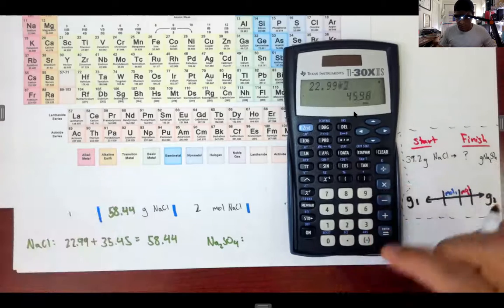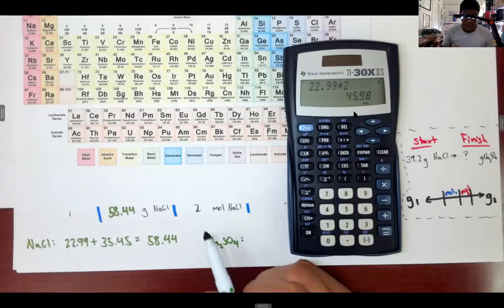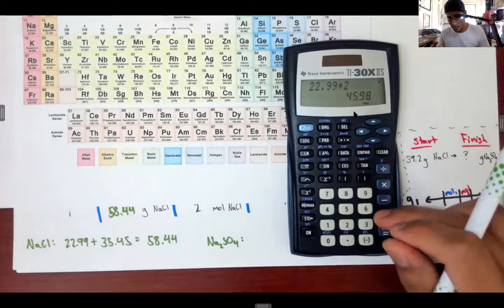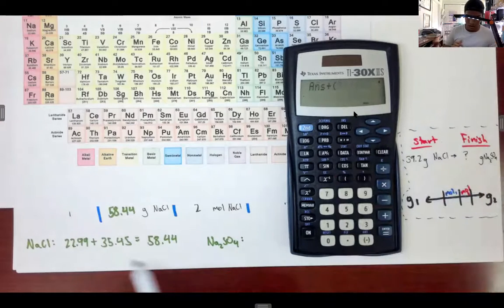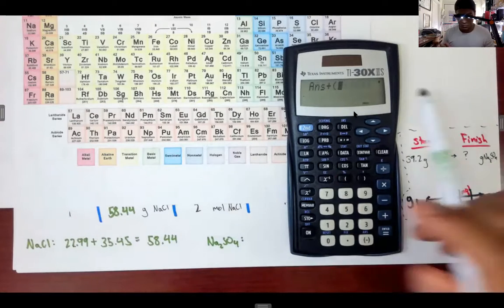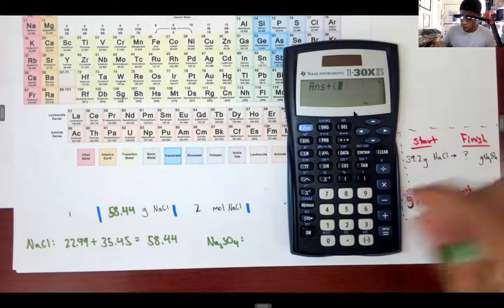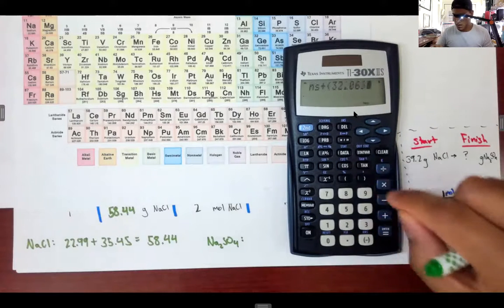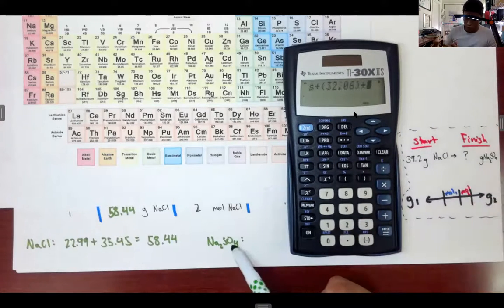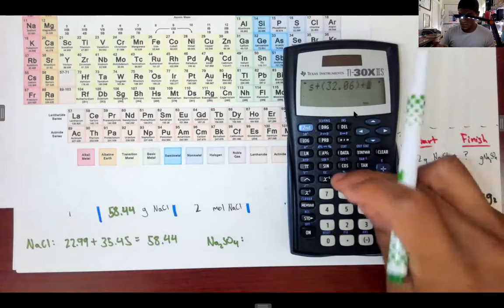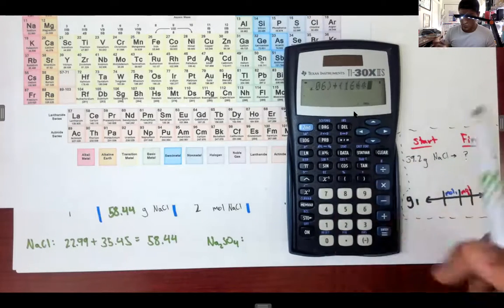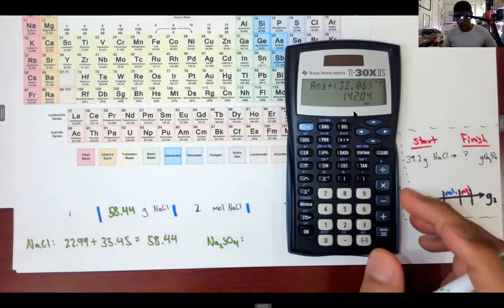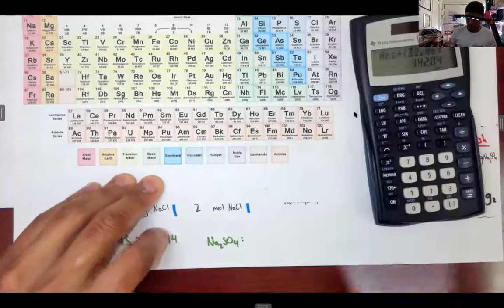And that's times 2 because there's 2 of them. Okay, so Na2 is going to be 45.98, plus we have S, which is sulfur, which is 32.06, all right, plus O4, which is 16 times 4 because there's 4 of them, okay? And then we add that all together and we get 142.04.